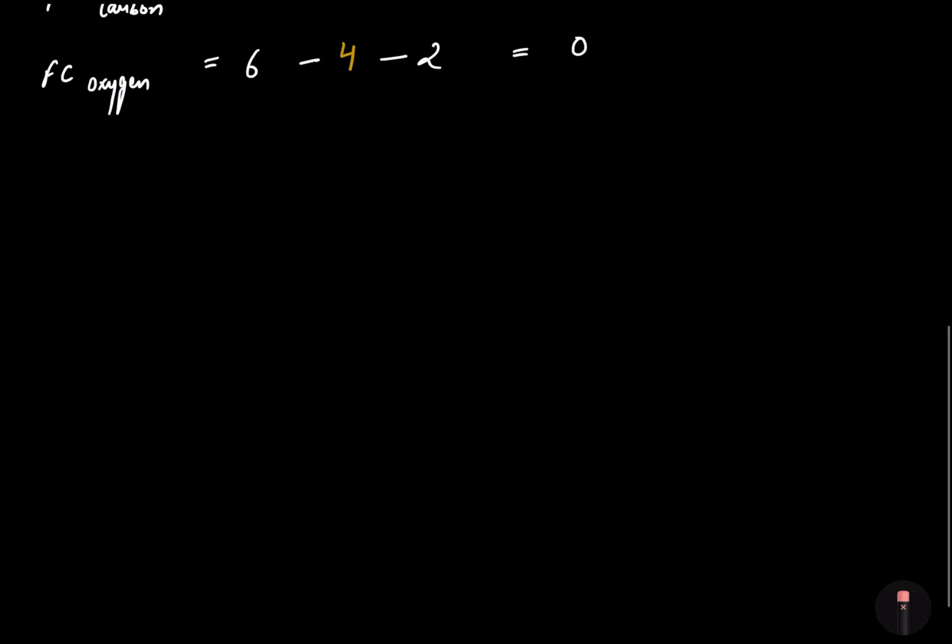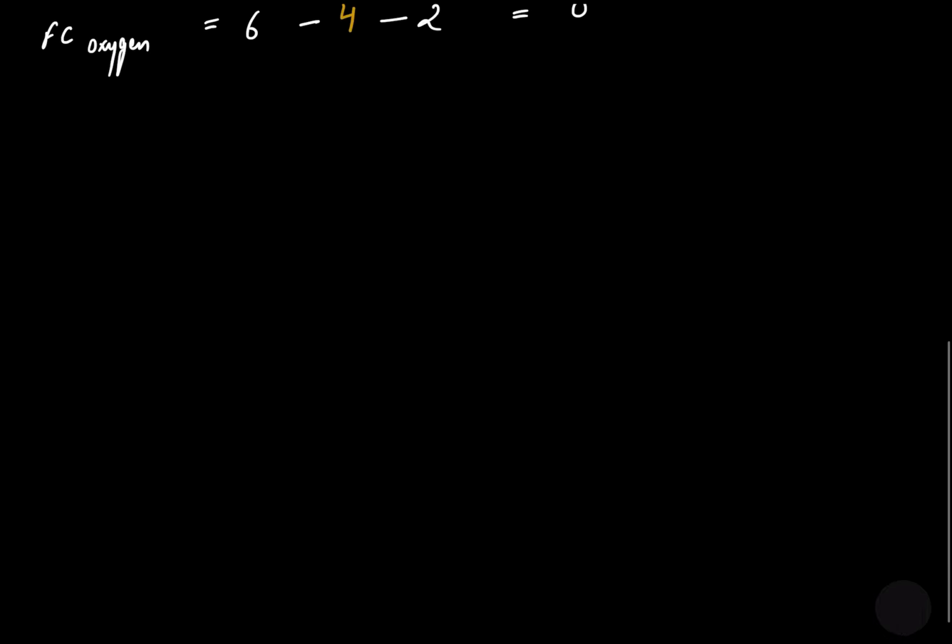Now let's come to another example, and I'm taking ozone, O3. Let's first understand the Lewis structure of ozone. It's a bit different. That's my oxygen number 1, that's my oxygen number 2, and that's my oxygen number 3.